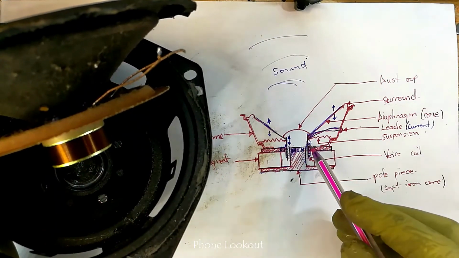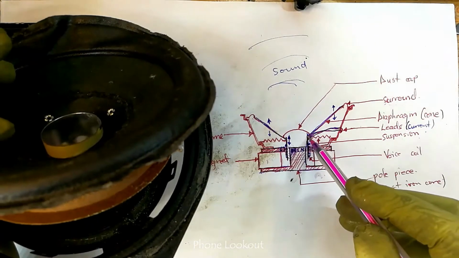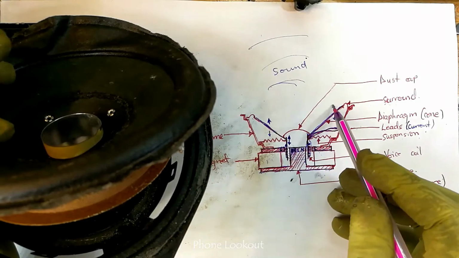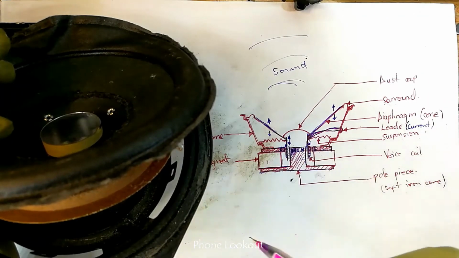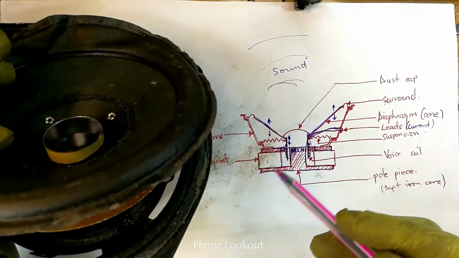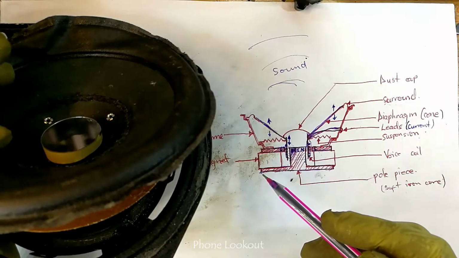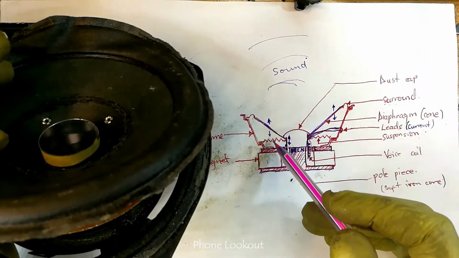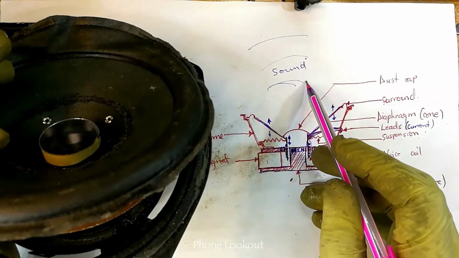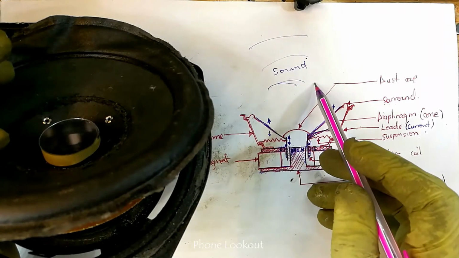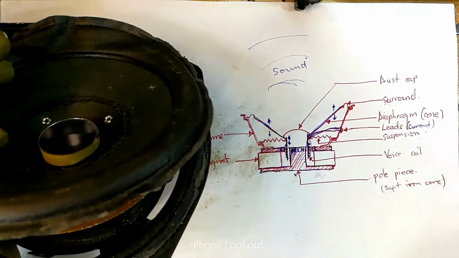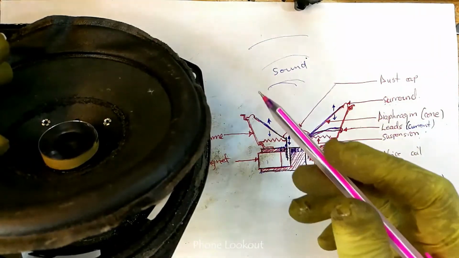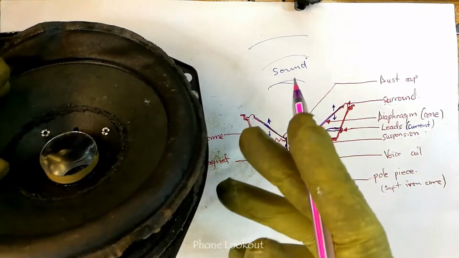That shaft will move the diaphragm up and down as the current keeps reversing direction. It does that many times in a second, and when the diaphragm moves, it compresses the air in front of it, and rarefaction also happens, and that's what you hear as sound.